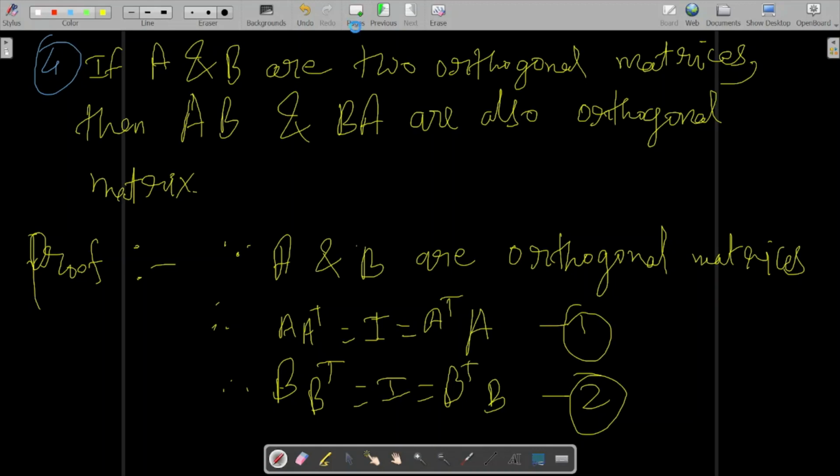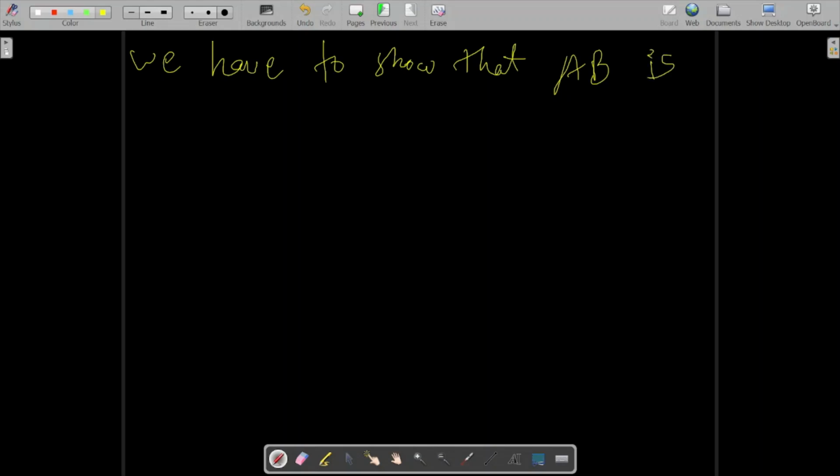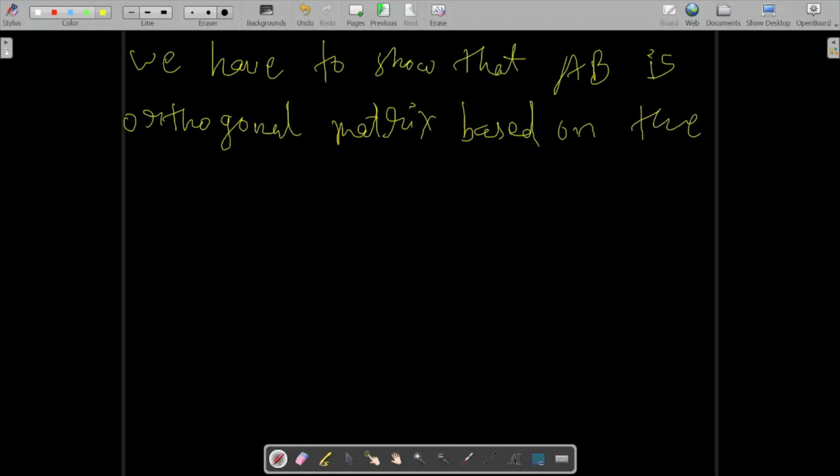So right over here we have to show that AB is an orthogonal matrix based on the above two equations.